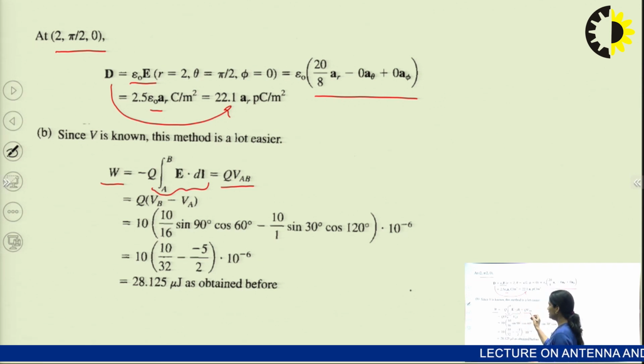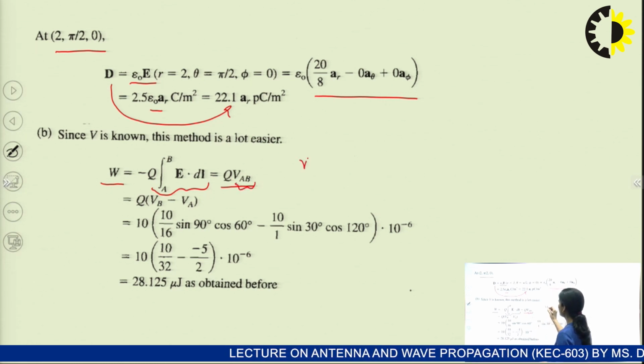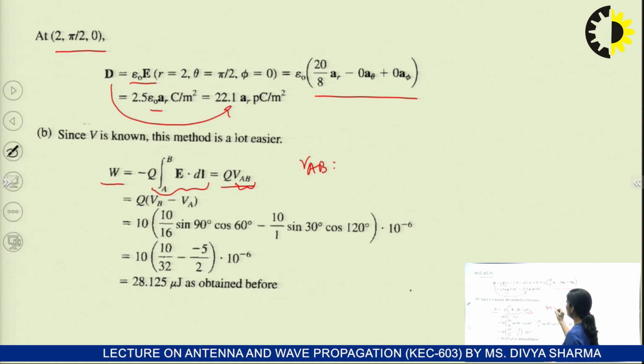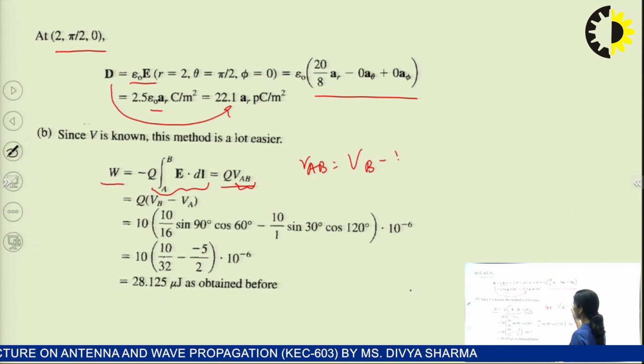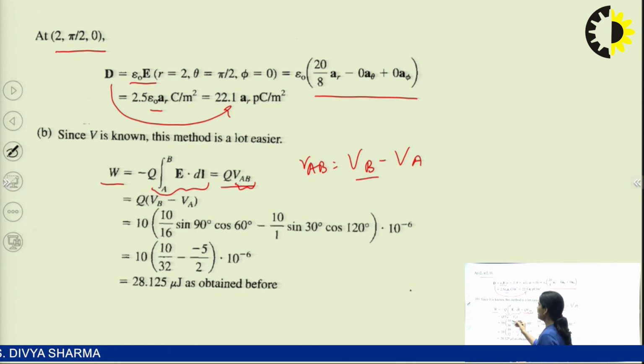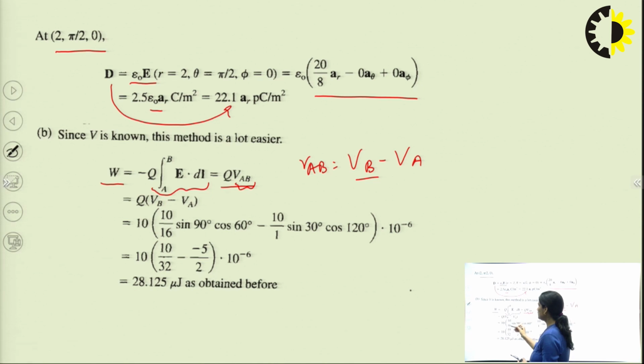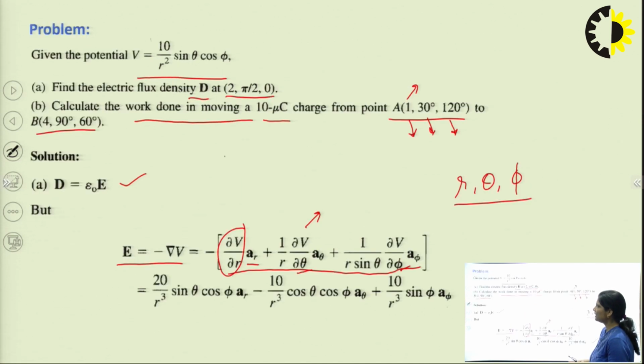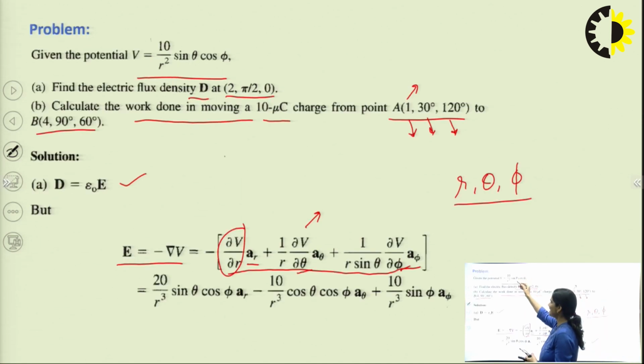So put here VAB, and if you want to find out VAB, VAB is equal to VB minus VA, and the potential V is given in the question: V is equal to 10 upon r square sin theta cos phi.